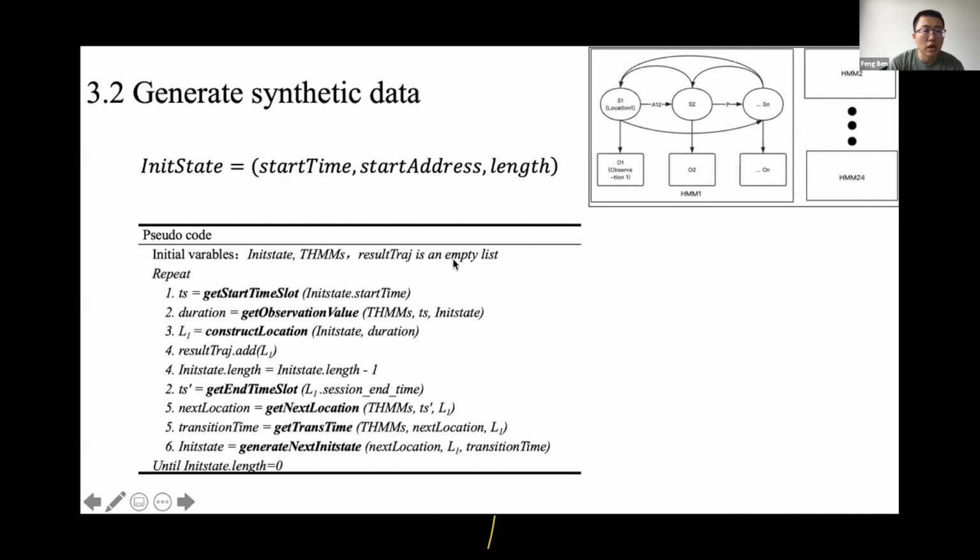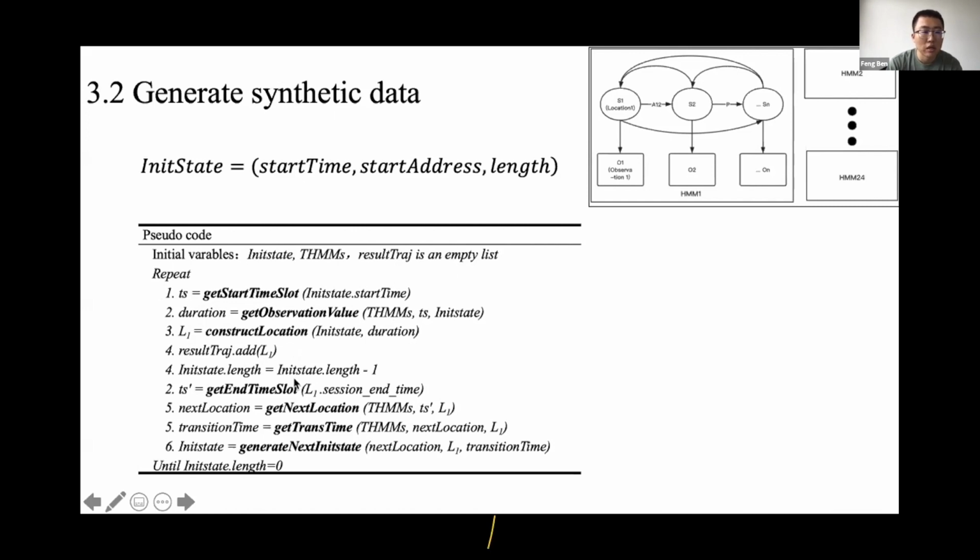We use an empty list to store the final result. And in the first step of our generation, we get the start time. We get the start time slot according to the session start time. Then we will know the duration according to the observation value and confusion matrix. After knowing this, the information in the location L1 can be constructed.